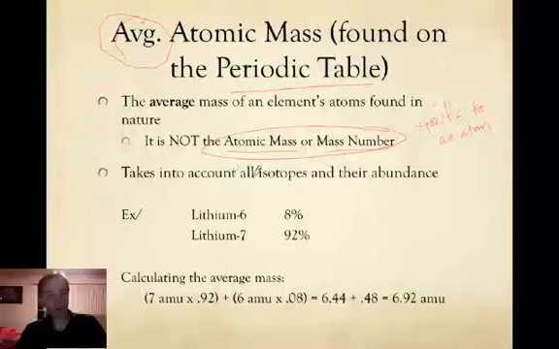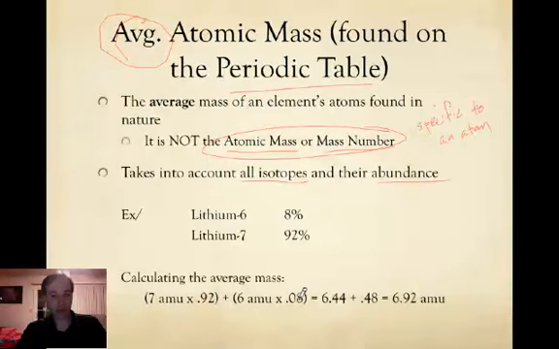So it takes into account all isotopes and their abundance within the universe. So lithium-6, for instance, has an 8% abundance. Lithium-7 has a 92% abundance, which means most of the lithium around us in nature is lithium-7. Okay, so if we were to calculate the average mass, we would find out that lithium-7 is 92% abundant.